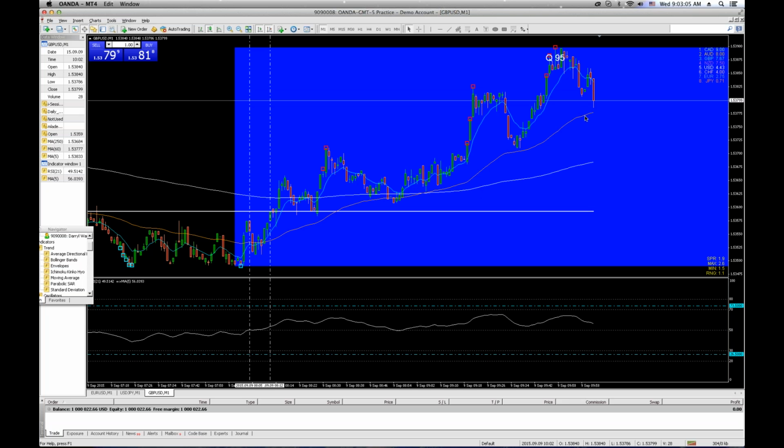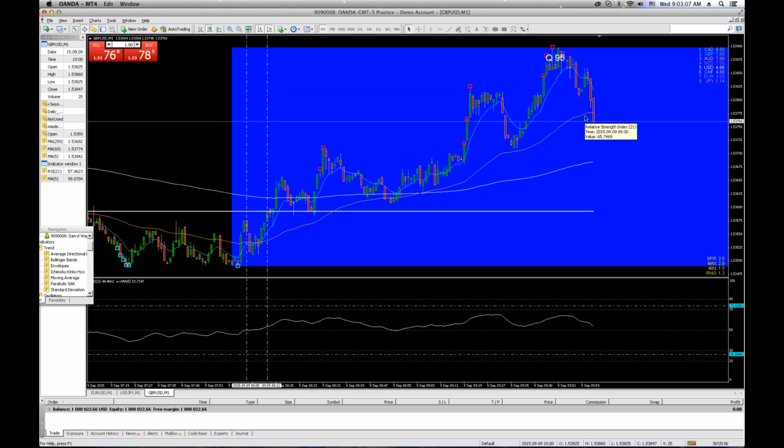I've been working with the 60 for years, and it seems to come into play, even though it's not any magical number like a 55 or whatever. It just seems to work a lot as far as really following price. So, anyways, maybe you could use that as an exit.